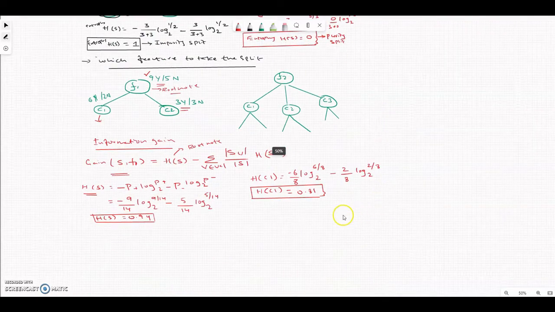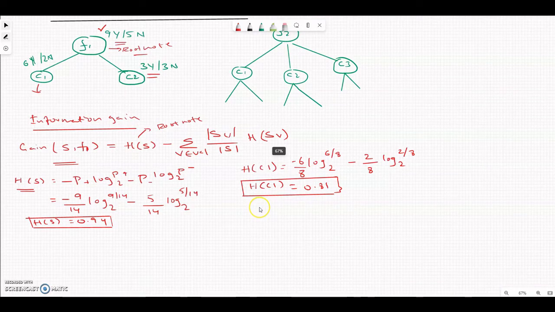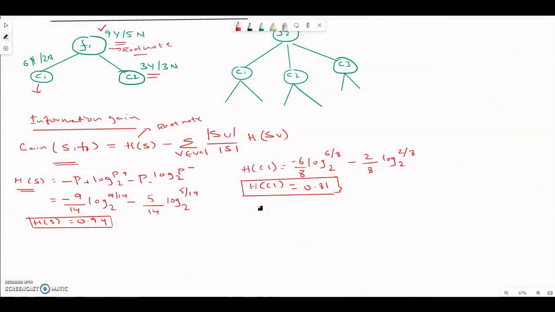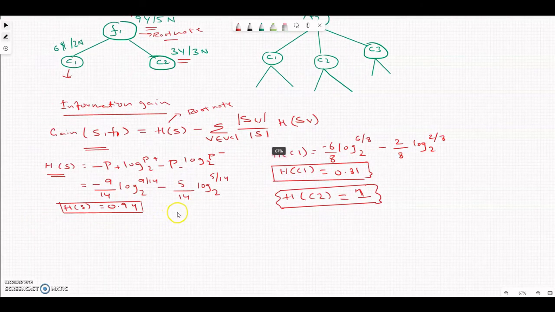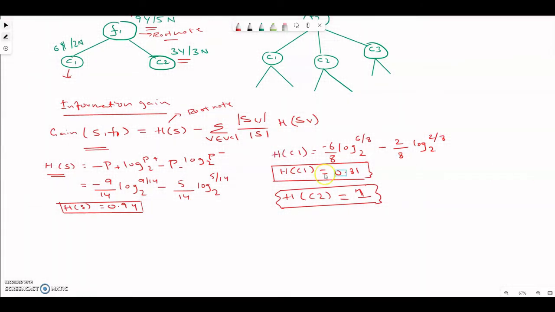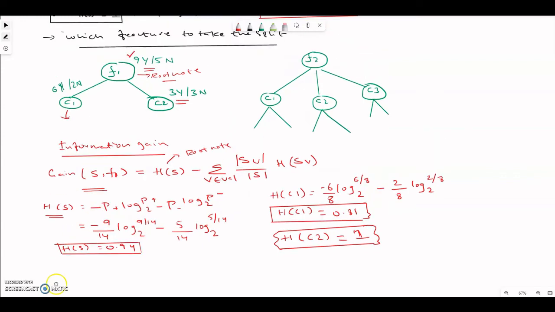We can also do it by solving, but by common sense we can just apply that. So H of C2, the entropy for category 2, will be 1. Now we have all these values, so let us substitute them in our information gain formula and see what we get.